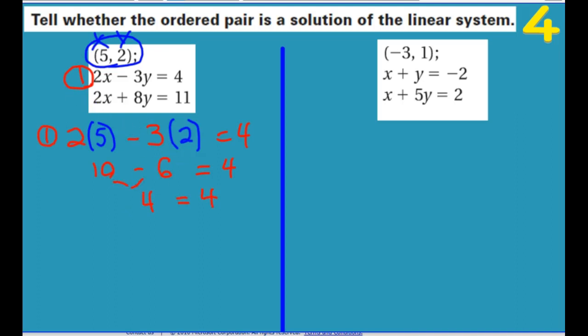Now we need to check and see if the second one works. This is our second equation. Again, we have a 2x.